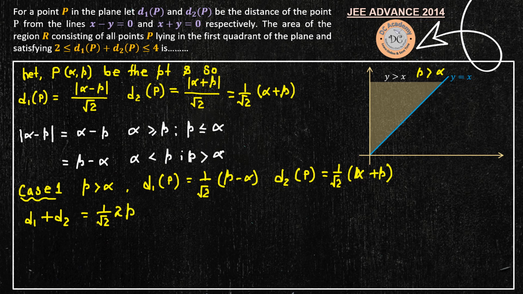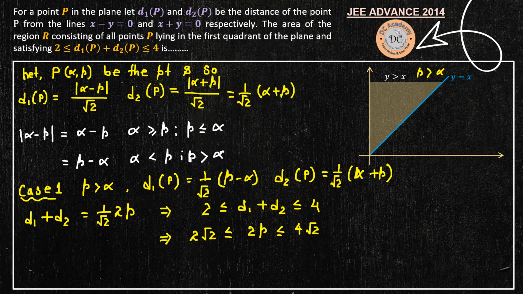So it implies that the inequality 2 less than or equal to d1 plus d2 less than or equal to 4 gives 2 root 2 less than or equal to 2 beta less than or equal to 4 root 2.